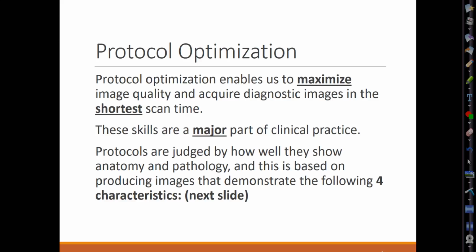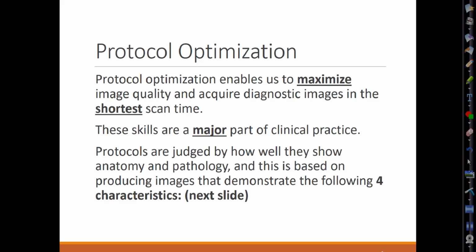But then when we're talking about pathology, we're really concerned more with contrast to noise resolution, because our water is bright on our T2 weighted images due to it relaxing a lot slower and decaying a lot slower.